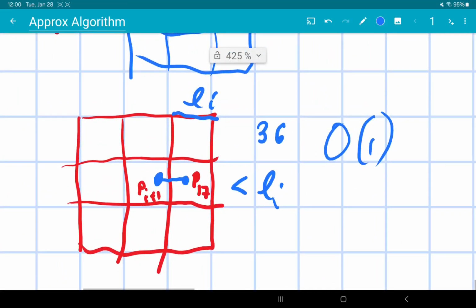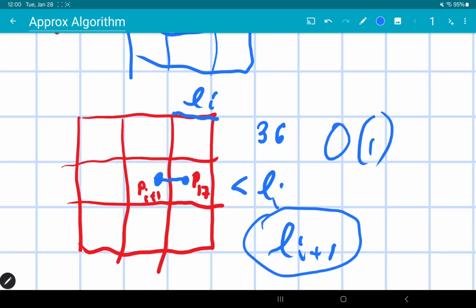But now, in fact, what happened is that in constant time, I computed Li plus 1. This distance that is smaller than Li must be the new smallest distance, right? Because it must involve Pi plus 1, and this point is the closest point to Pi plus 1. So we computed Li plus 1, but the problem is that the grid is now not updated, right?